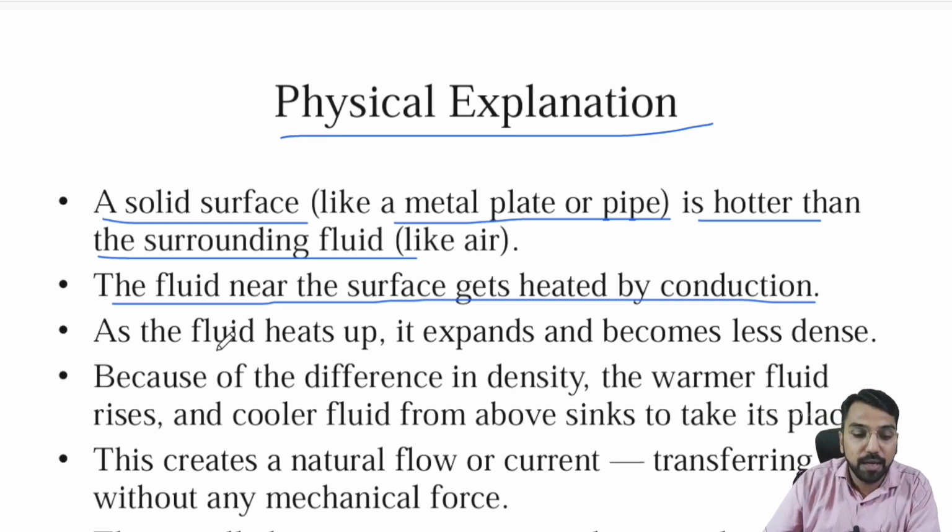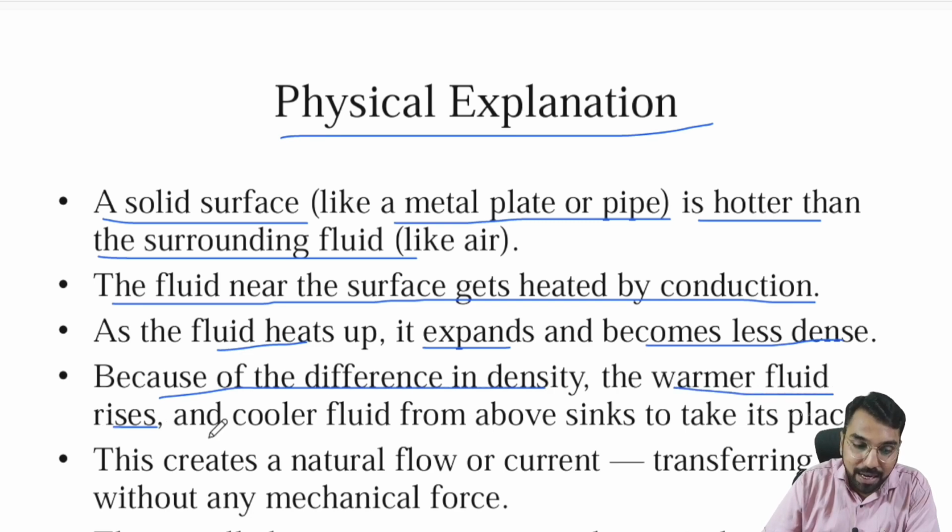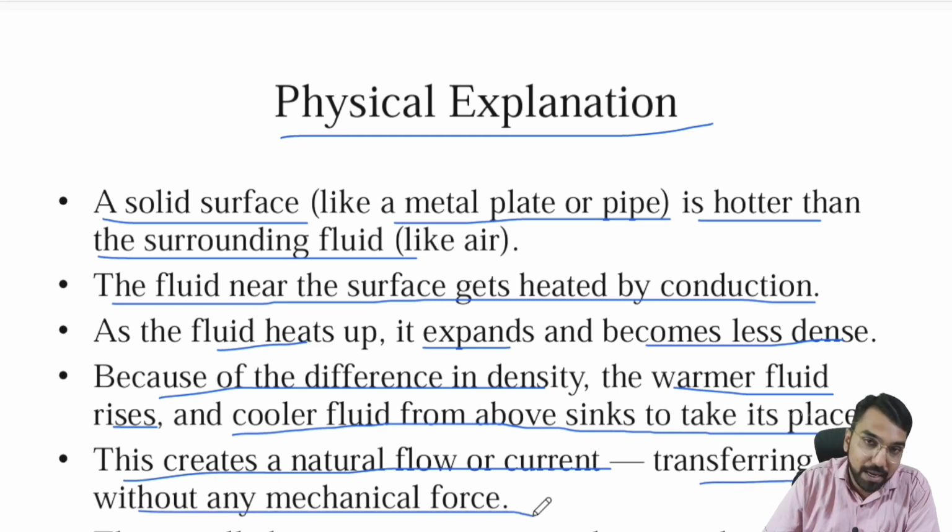As the fluid heats up, it expands and becomes less dense, and because of the difference in density, the warmer fluid rises and the cooler fluid from above sinks to its place. This creates a natural flow or current transferring the heat without any mechanical force.